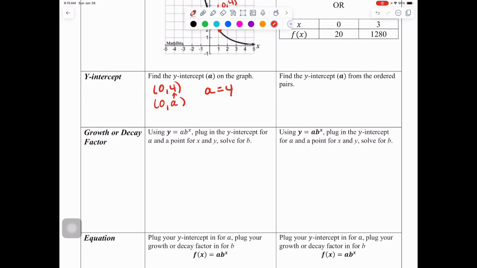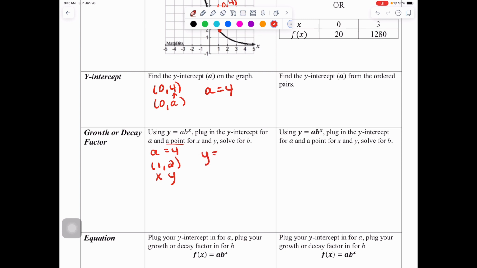So here, I already know a is 4, so I can plug that into the formula, y = ab^x. And if I pick one of the points off of my graph, I'll pick (1, 2). That gives me an x and a y value, and then we can plug all those things into the generic formula to solve for the missing piece, which in our case would be the letter b.